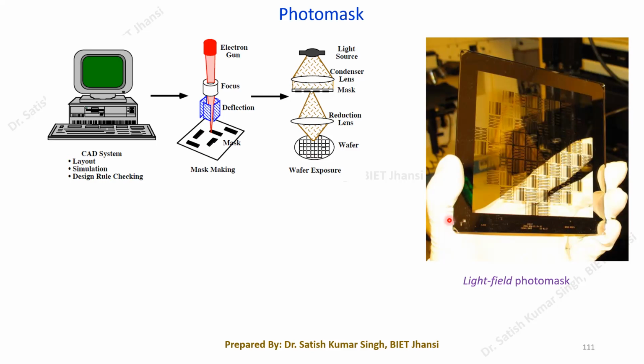Nowadays, for fabricating the photo mask, we use fused silica. As in IC fabrication we have a substrate, here the substrate is nothing but fused silica. Onto the fused silica we deposit a layer of chromium, and then a particular resist is laid down onto the chromium layer.